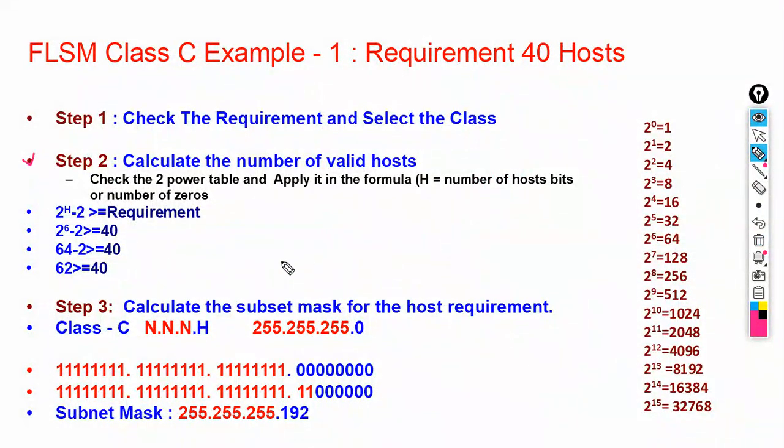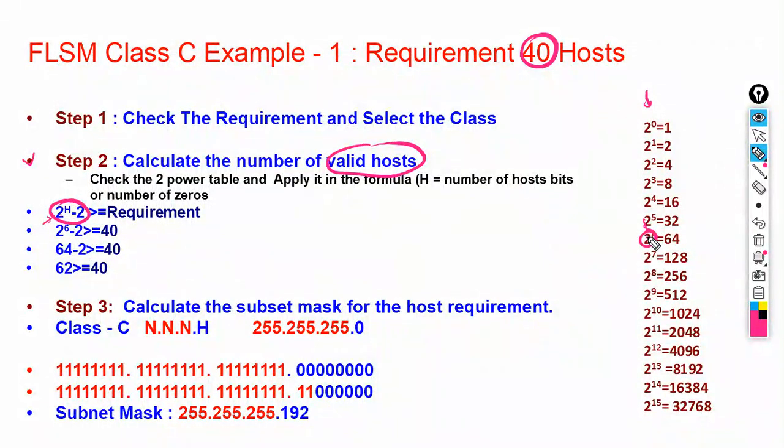So our second step is to calculate the number of valid hosts. And this is the formula, 2 power h minus 2. The question is, how will you get 2 power h? Again, guys, you need to check the 2 power table to get the 2 power h value. Where is this 40 requirement falling in the 2 power table? 2 power 6. So 2 power 6 is our 2 power h.